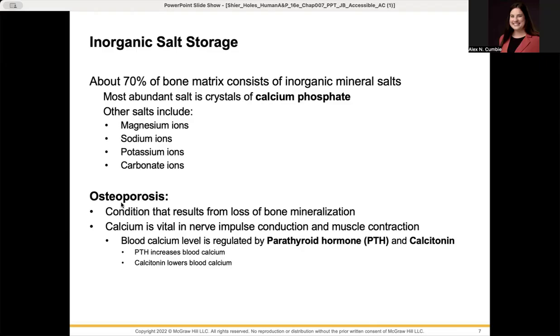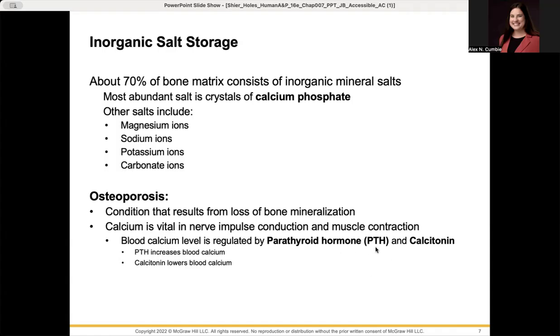This osteoporosis could have a genetic component for sure, but in addition to that, it's heavily regulated by hormone levels, and there are certain hormones in the body, specifically PTH, parathyroid hormone, and calcitonin, which regulate your blood calcium levels. If you have high levels of calcium in your blood, that means it's not in your bones, okay?